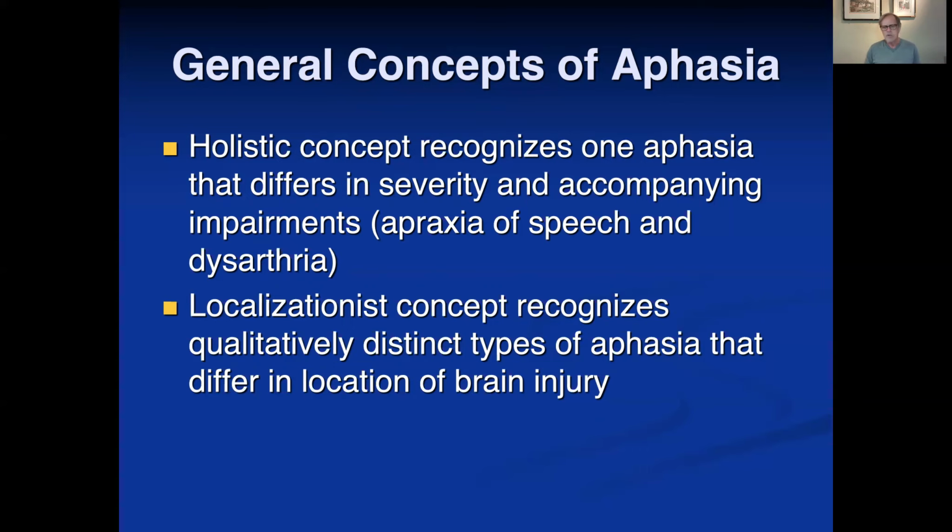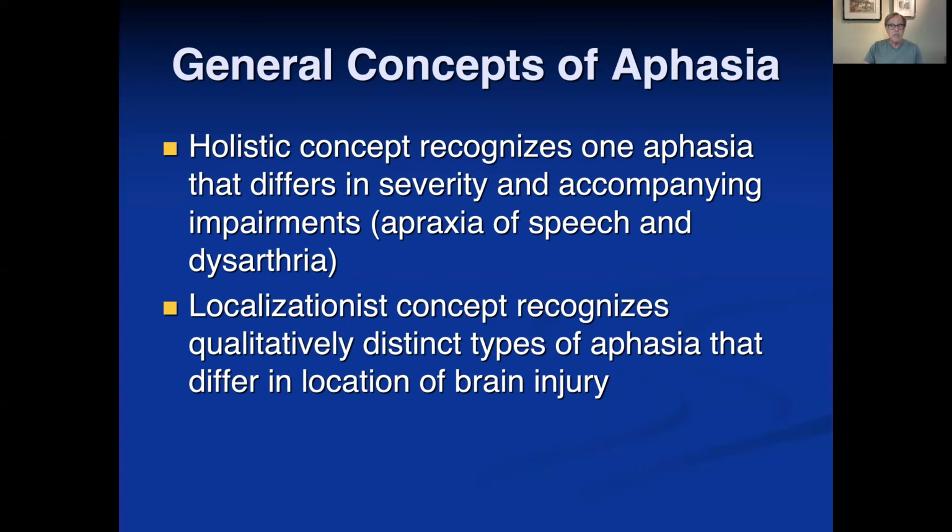And there's a lot of research on this, starting mostly in the 70s, because up until the 1970s, the localizationist approach was the common one coming out of the field of neurology.